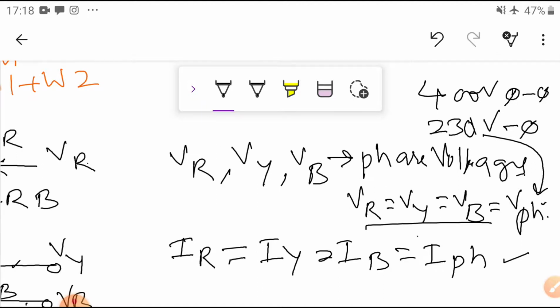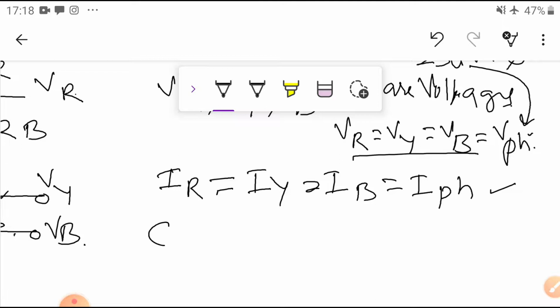Now another factor is the power factor angle phi, the phase angle between the respective voltage and current.